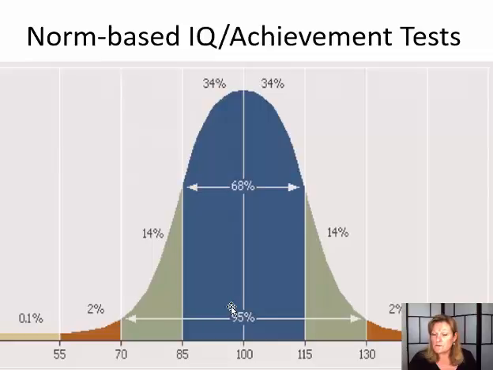And keep in mind that those tests are in English. So for English language learners, the tests become more of an English language proficiency test than a test of IQ or a test of achievement. That's why there's a lot of difficulty discerning with an English language learner whether their difficulties stem from an organic learning disability that the child has, or a language proficiency issue or an instructional issue.